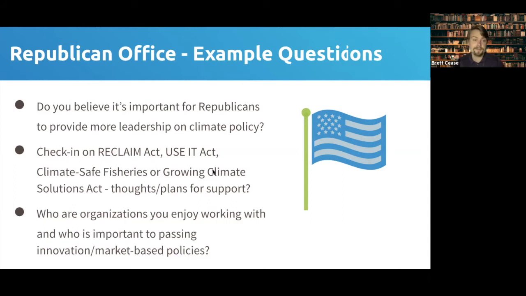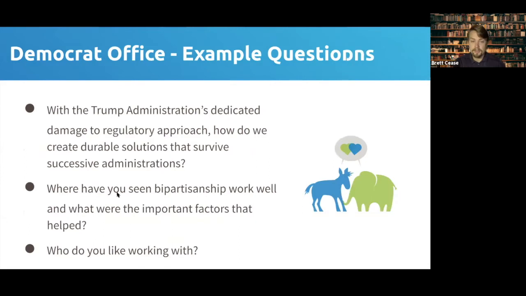Now, on the Democratic side, some of these are similar, and a couple of these are slightly different for the focus on the DC side recommendations. They recommend also asking about that shared priority for organizations that they recommend working with that would be important to passing the kinds of policies that we can pass with ambitious climate policy.